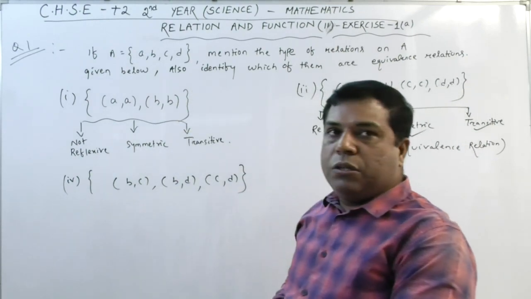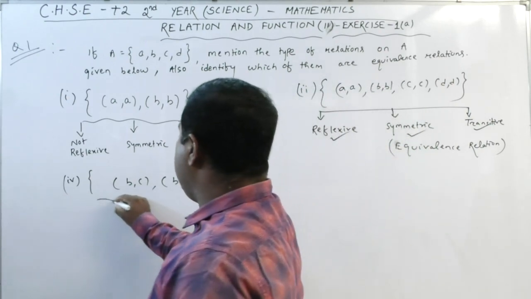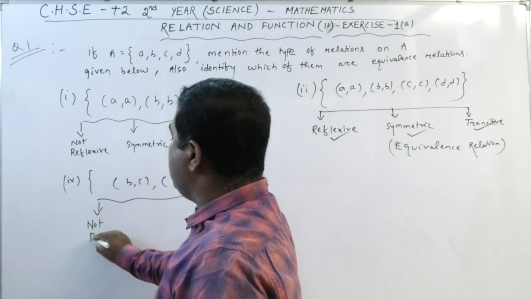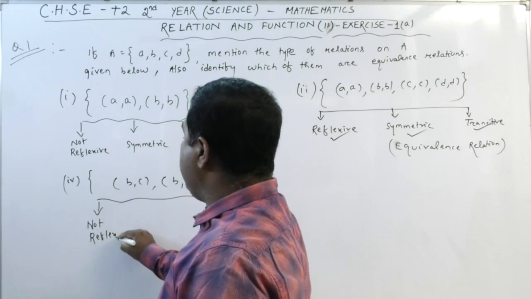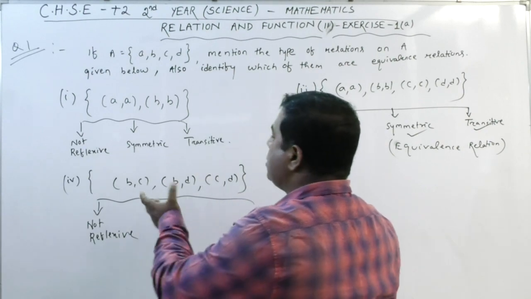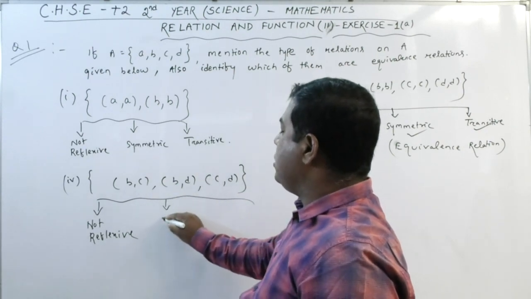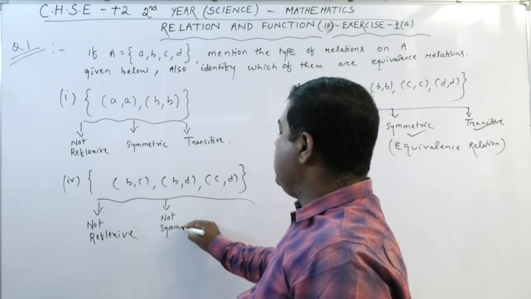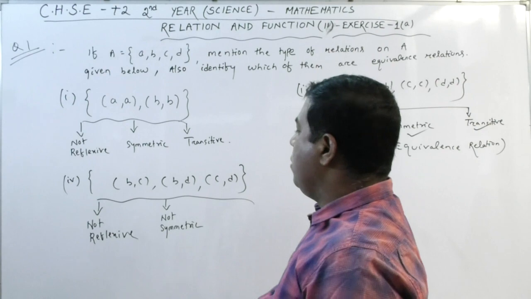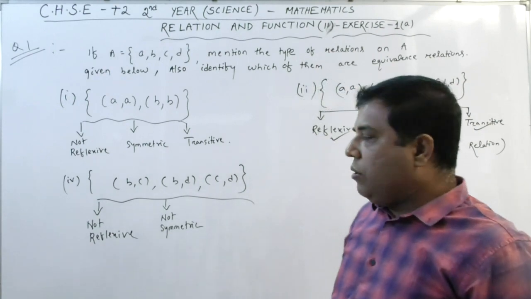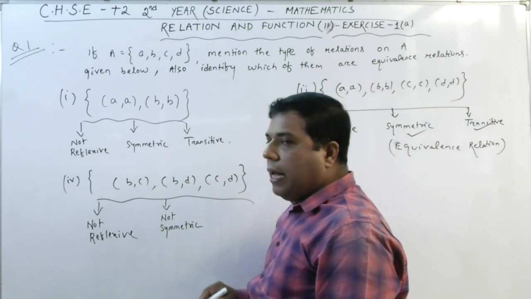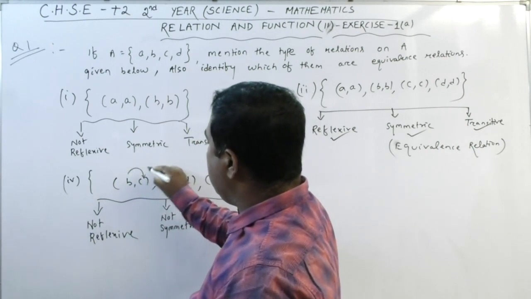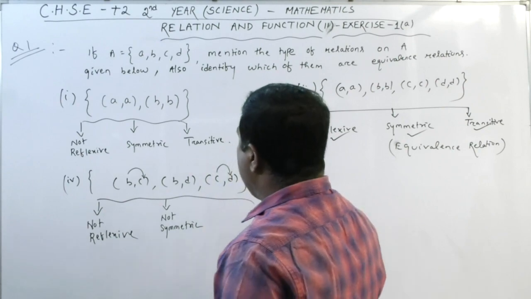Now, is it reflexive? It is clearly not reflexive. Is it symmetric? You see the reverse pairs are not present, so it is not symmetric. Not reflexive, not symmetric. Is it transitive? Suppose B is related to C, and C is related to D. Now what should we get?